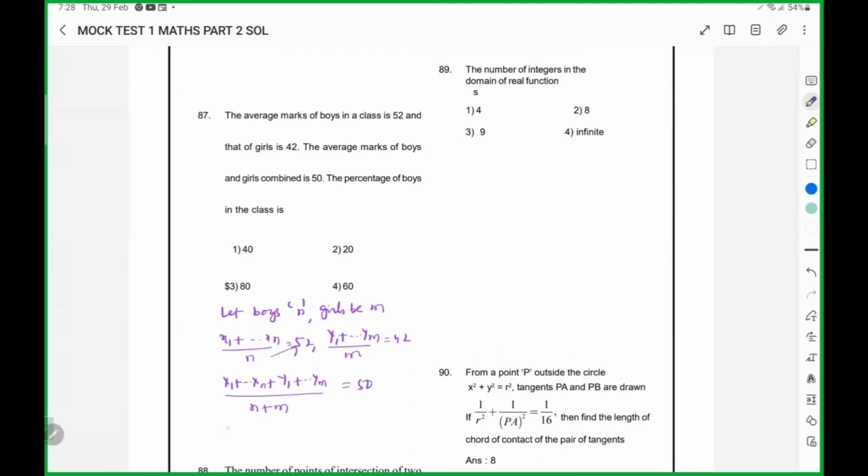From this, 52n plus 42m is 50n plus 50m. 2n is equal to 8m. n is 4m. So the percentage of boys will be n by n plus m into 100. Here n is 4m by 5m into 100. That is 80%.